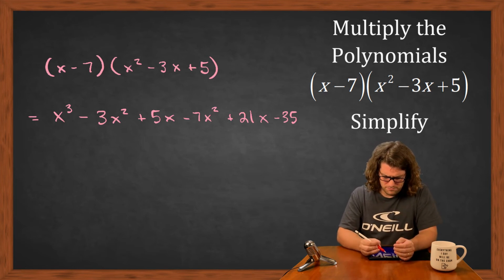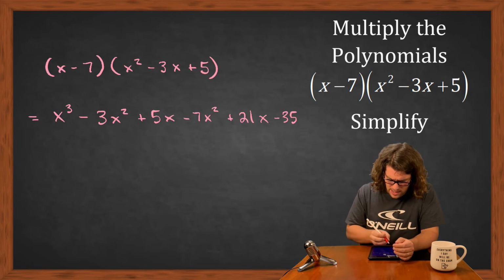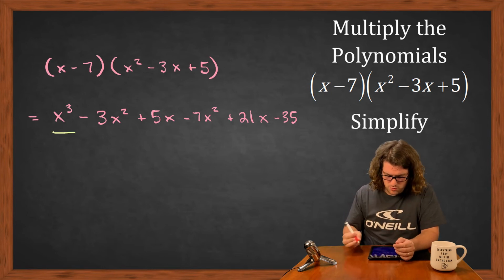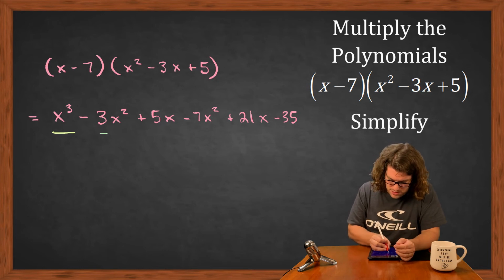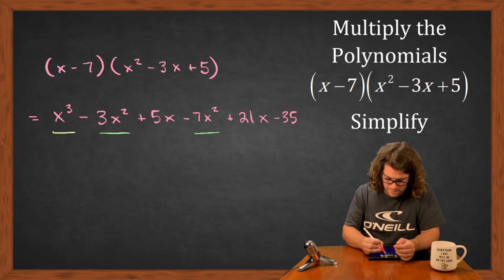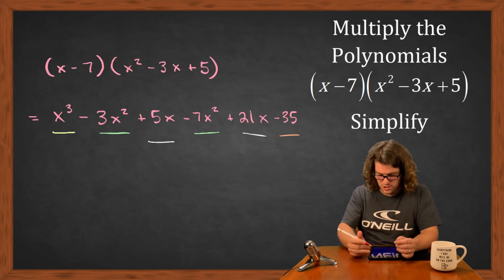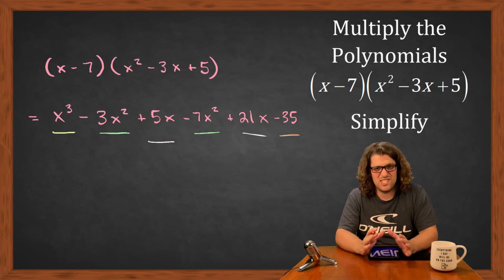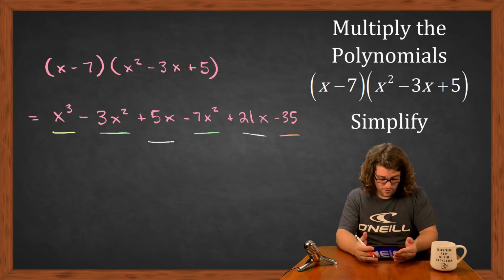Going through, we have one location where we have x cubed, two locations where we have x squareds, two locations where we have x's, and lastly a single location where we have just the constant numerical value, the negative 35.